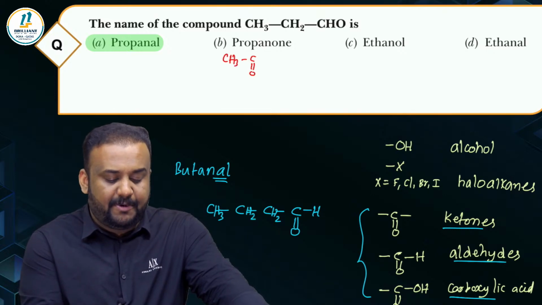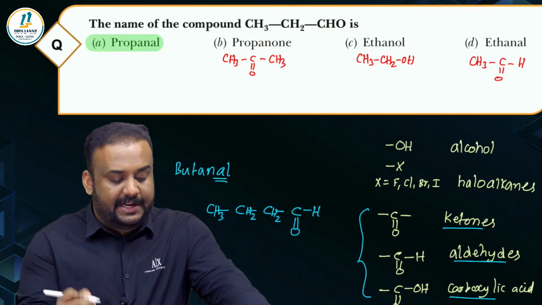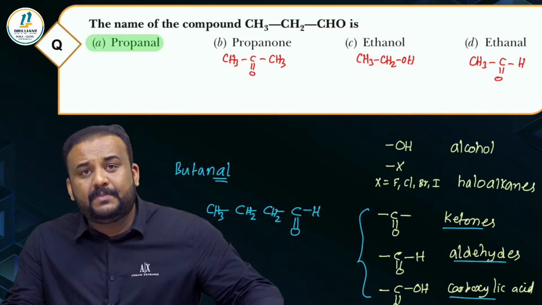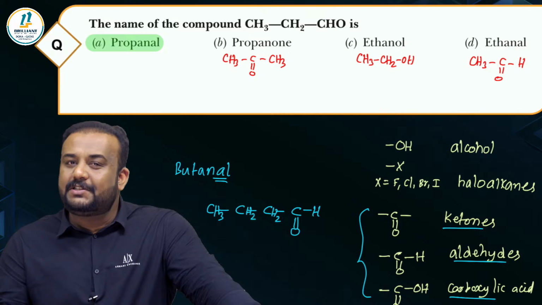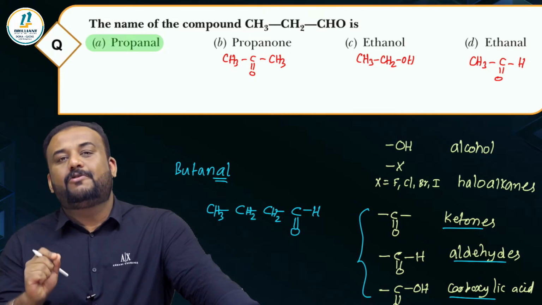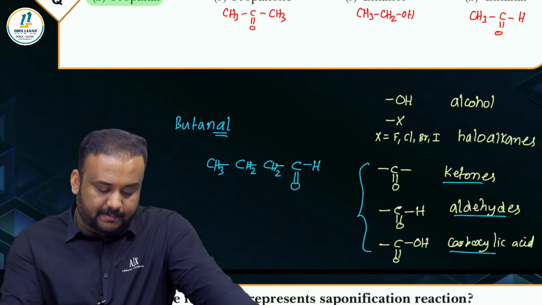Propanone is the first member of the ketone family, CH3COCH3. Then ethanol is CH3CH2OH, and then we have ethanoic acid, which is CH3COOH. Clear? So I hope all of you are confident enough in writing the structures of the functional group containing compounds. Okay, perfect.